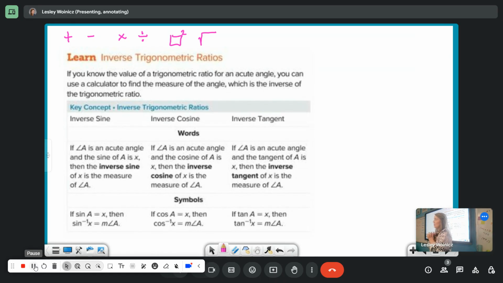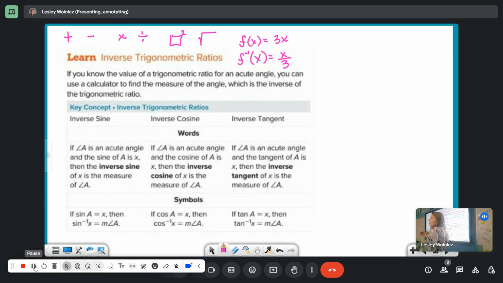So if I had a function f of x that took x and multiplied it by 3, the inverse of that function, we use -1 to show inverse, would be either dividing by 3 or multiplying by 1/3. So it would undo the other function.